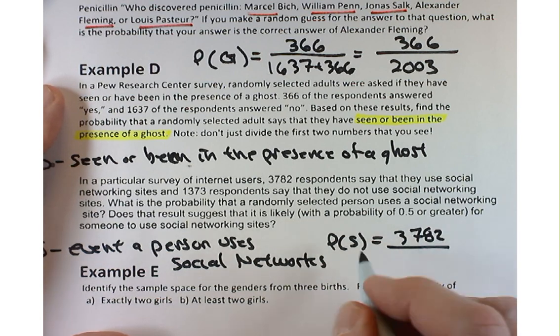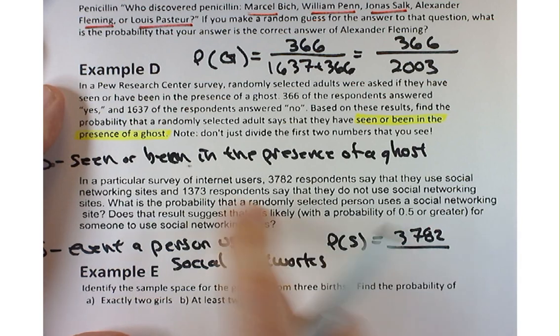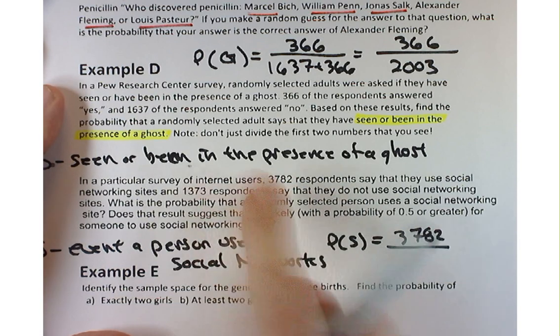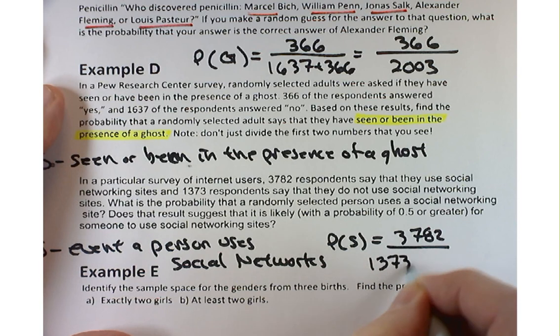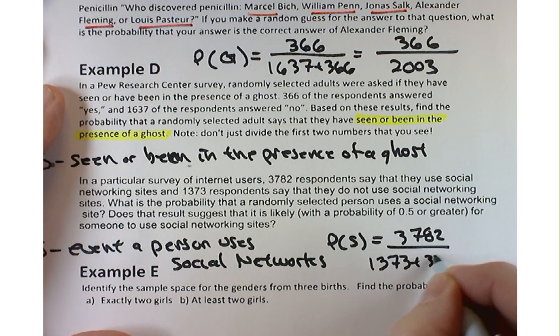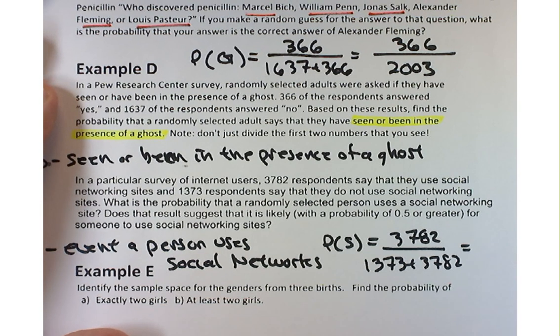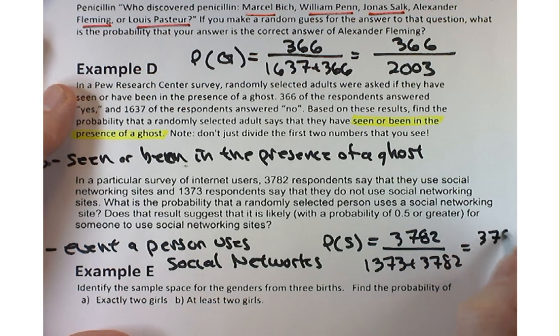All right, so what you're doing then to figure out how many people were surveyed is you're adding up these two numbers. 1,373 plus 3,782. So 3,782 over what? 5,155.